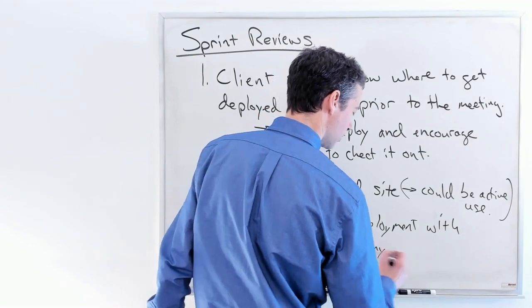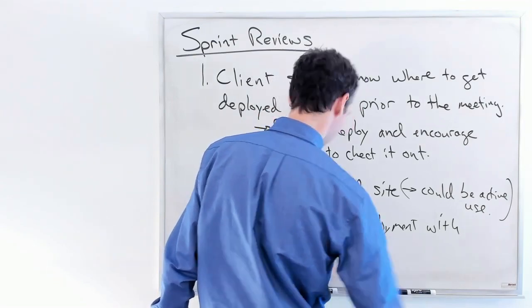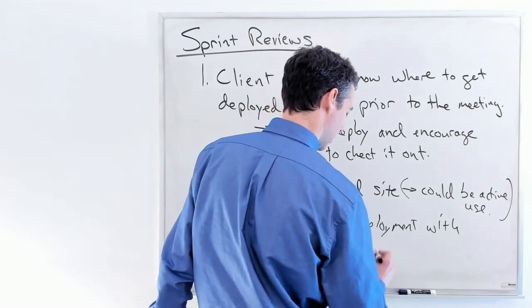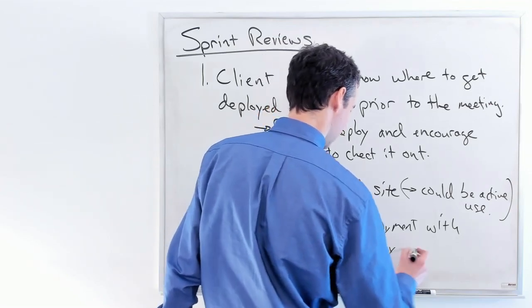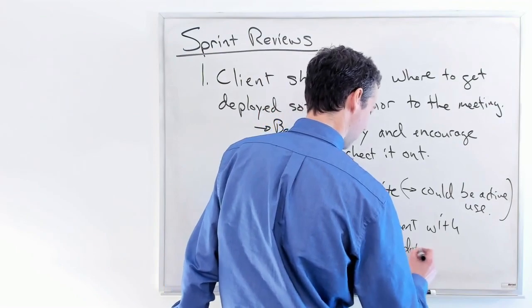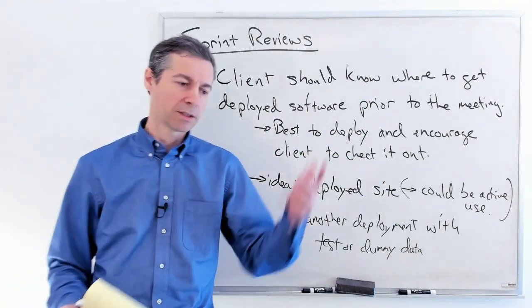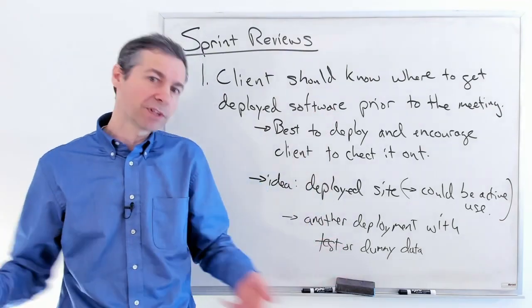This could be really useful for the client, because some of these applications have a lot to them to get up and running. Maybe it's a system that's supposed to have lots of users and lots of data.